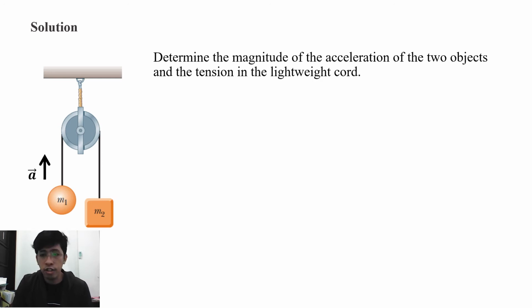So again, our first strategy is to draw the free body diagram. Always remember that one. Our strategy is to first draw the free body diagram of your system. Here we have two objects, m1 and m2. So m1 should have its own free body diagram, and m2 should also have its own free body diagram.